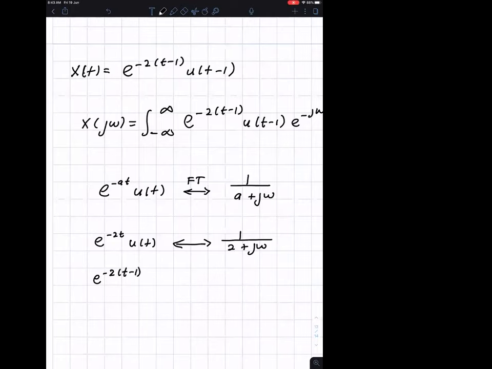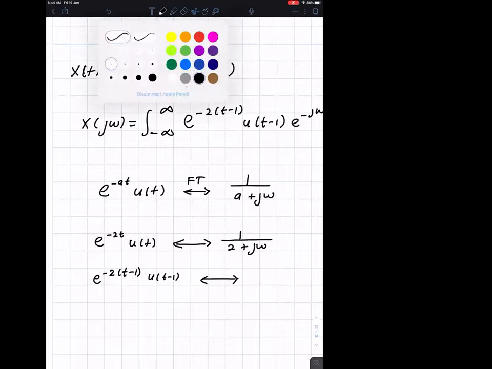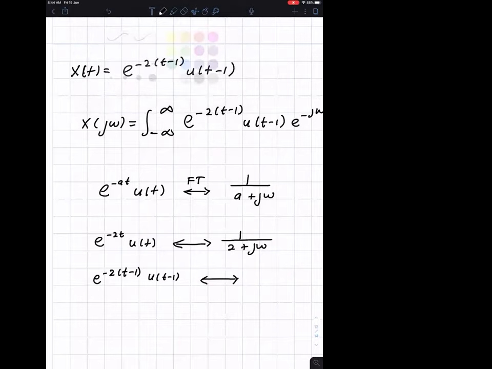You time shift, then all the time shift is doing is just shifting the signal, right? If you look at the signal in the time domain, if you sketch it, it will be looking like this, e to the minus 2t u(t). And then if it's time shifted, then it is shifted by 1 to the right.